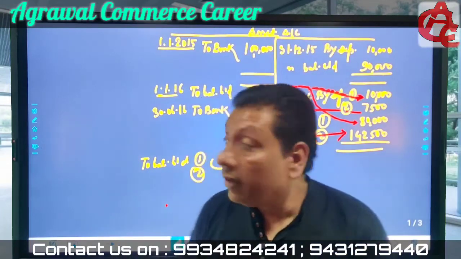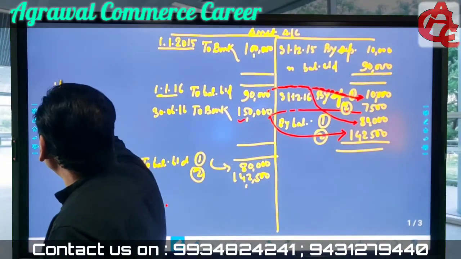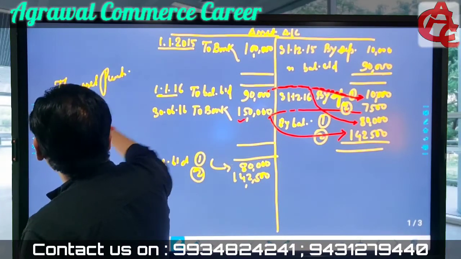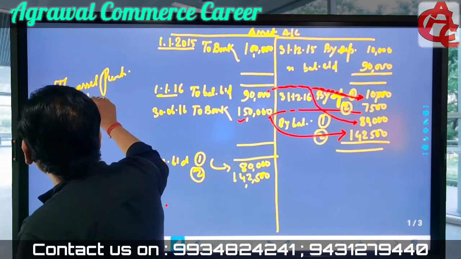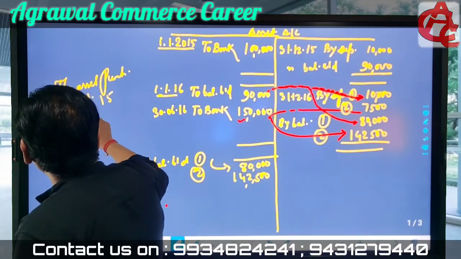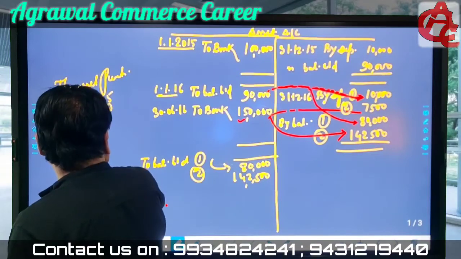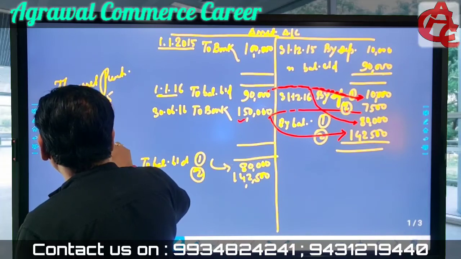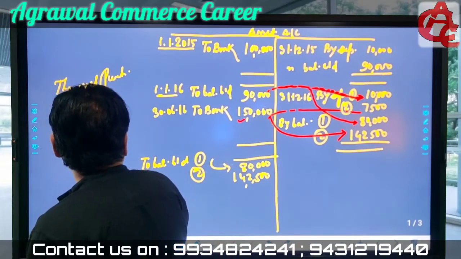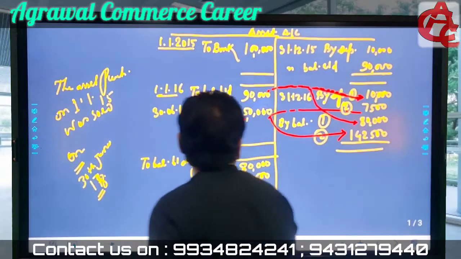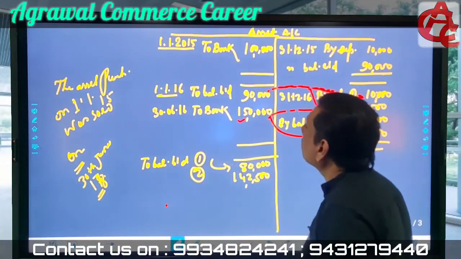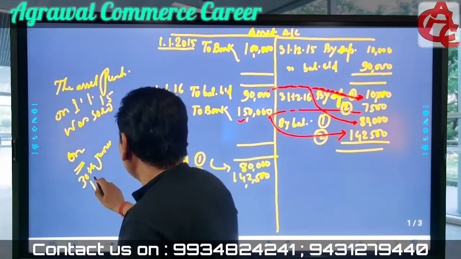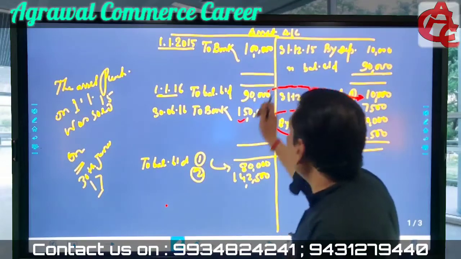The first asset, purchased on 1st January 2015, was sold on 30th June 2017. 15, 16, 17.